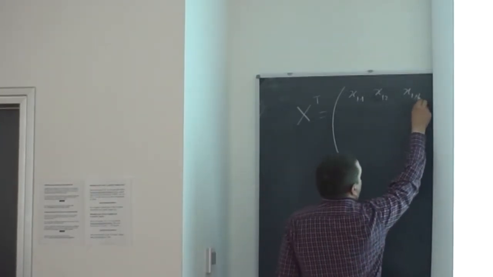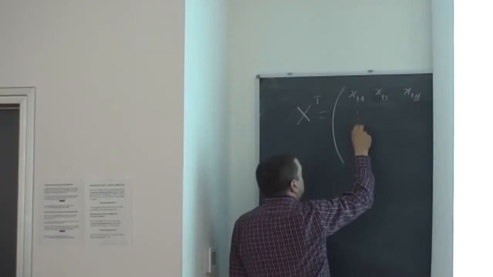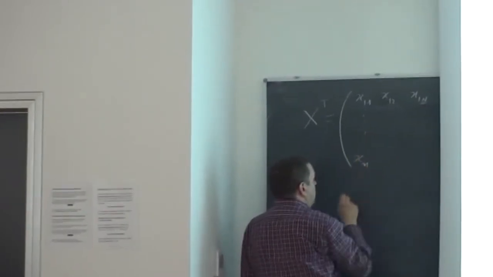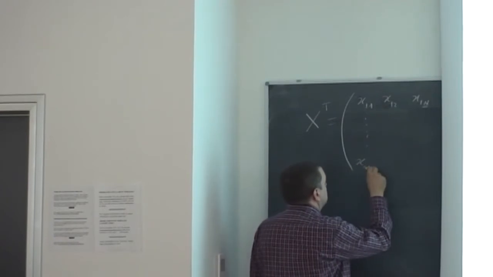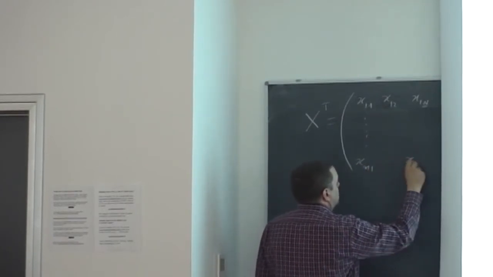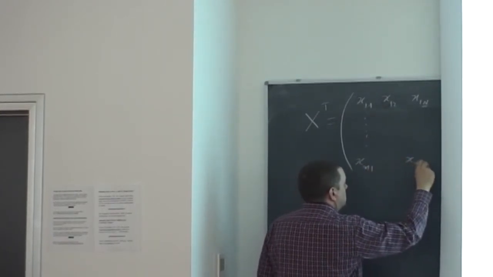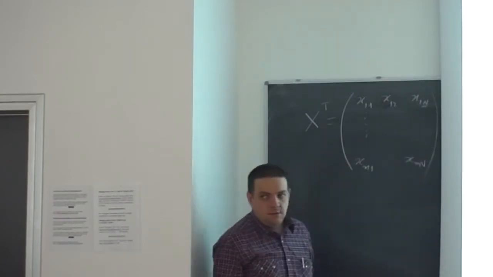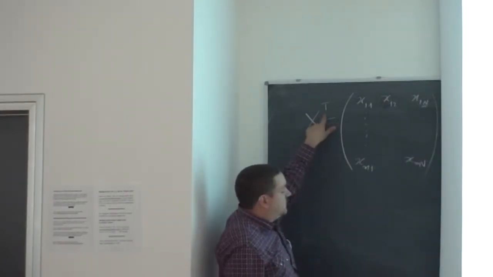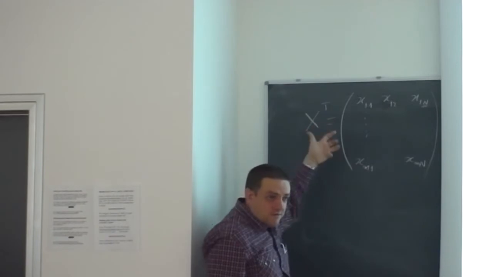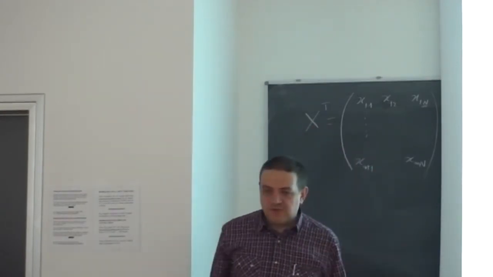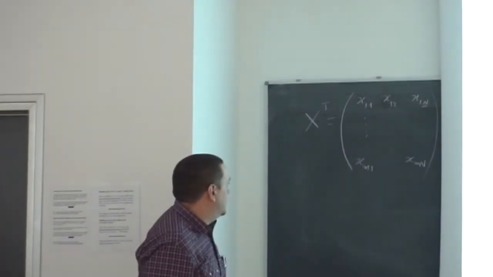Remember that the number of coordinates is n up to m points. xm1, xmn. Okay, so I will call the matrix xt because it's transposed with respect to the matrix that I showed yesterday.